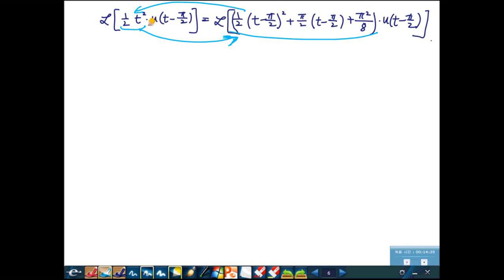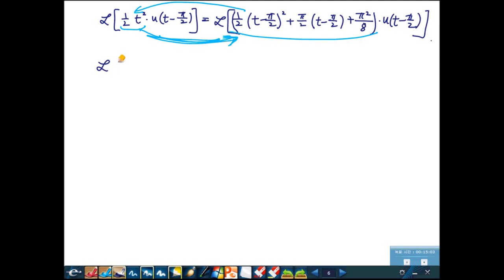It's a square, right? Quadratic function. What if it's cubed, power of 3 or 4? Then it's nearly impossible to get this, right? So this method is kind of trouble there, right? Anyway, let's take it.